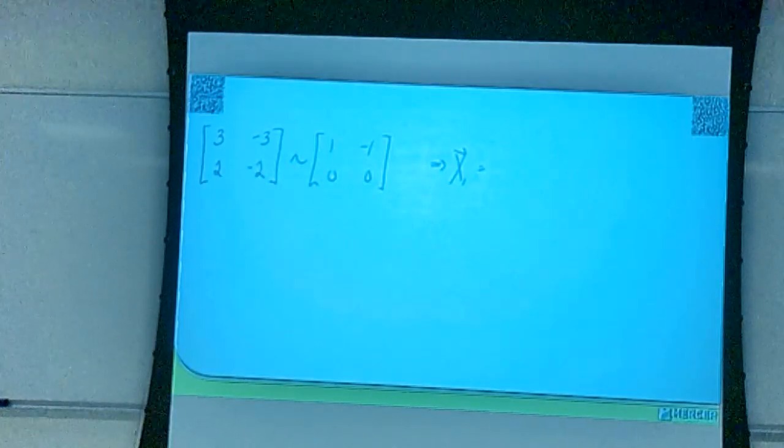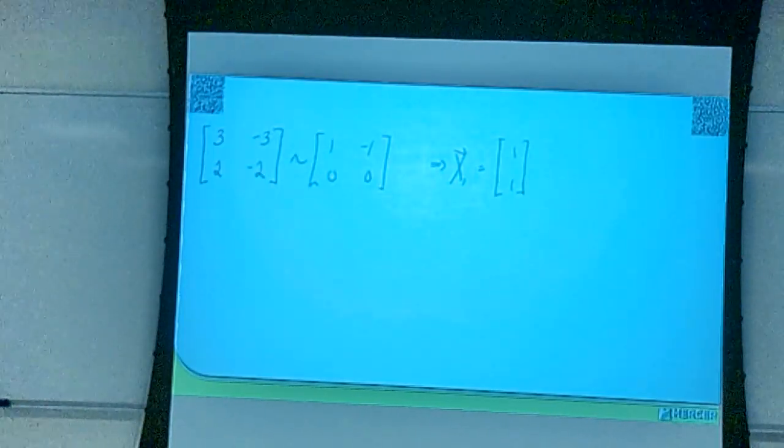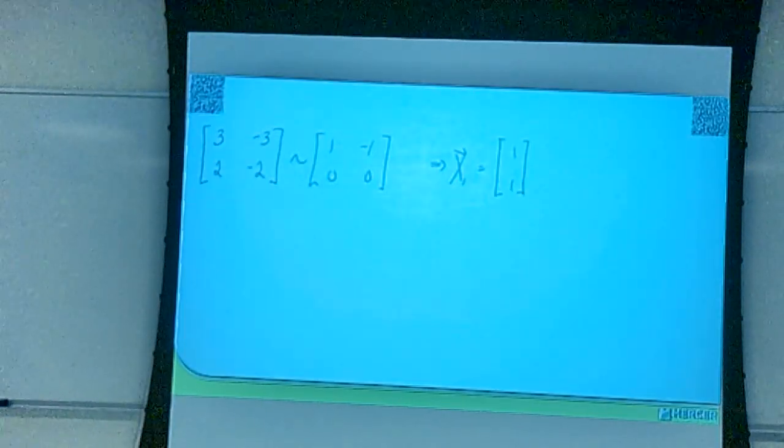X1, e to the 0t, which is just 1, times 1, 1. There's the first solution.